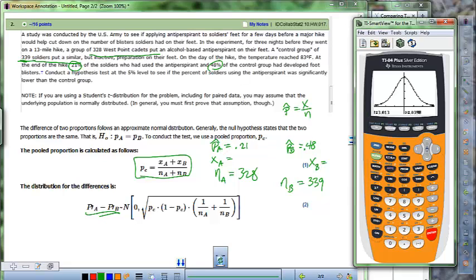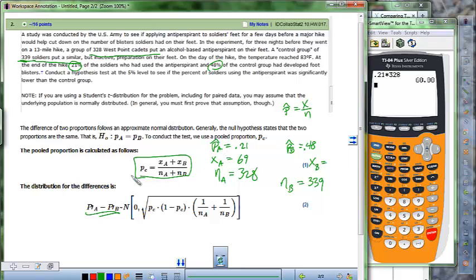So in our calculators, what we can do is just take a quick look at what is 21% of 328, and 68.8, let's just call that an even 69. That's going to be important that we use whole numbers for this.